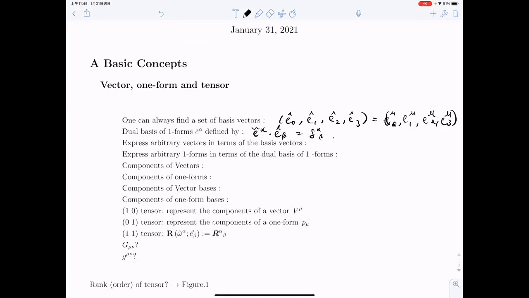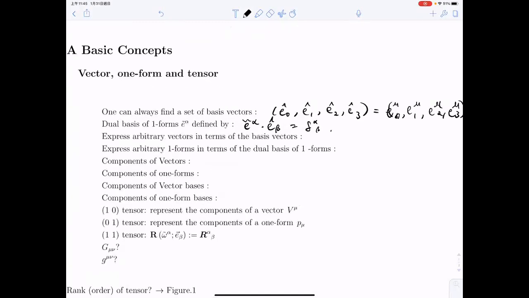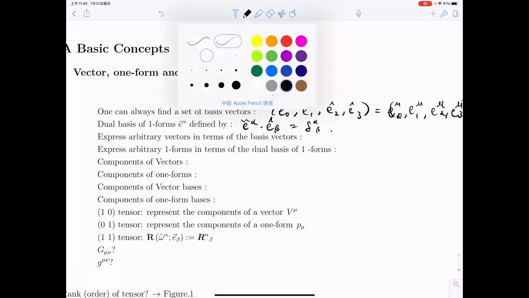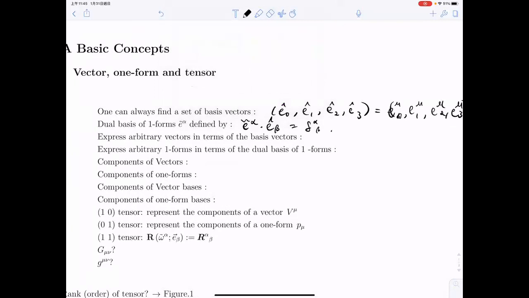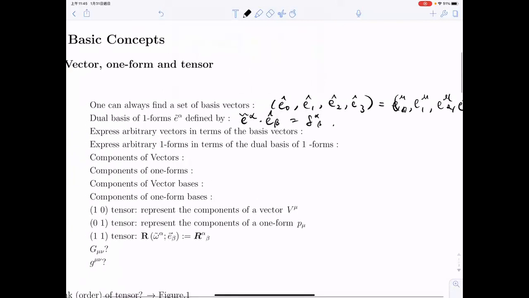I trust you have already learned Einstein notation before this class, so I will use Einstein notation all the way. Express an arbitrary vector in terms of the basis vectors. What do I mean by an arbitrary vector?